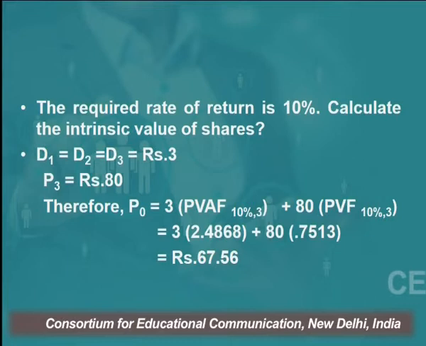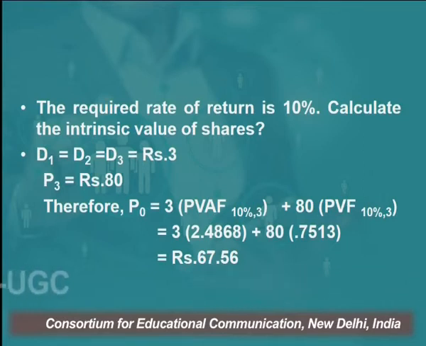So in our example, the required return of this investor is 10%, the holding period is 3 years, the dividend expected is 3 rupees, and the price at the end of the 3rd year is 80 rupees. So the price of the share should be 3 multiplied by the present value annuity factor at 10% for 3 years, plus 80 into the present value factor, that comes to 67 rupees 56 paisa.